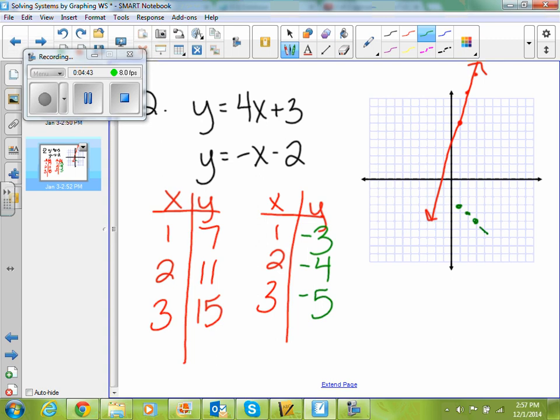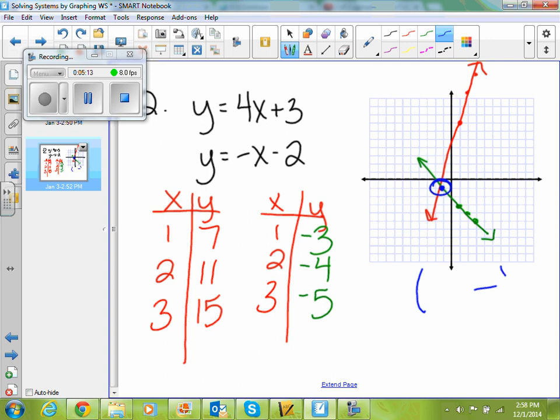If I connect that line, it just crosses. It's kind of hard to see on my graph because I didn't draw perfectly straight lines, which is why you guys use the rulers. But I cross at about this point right there. So if you drew your accurate graph, you should cross at a point right there.